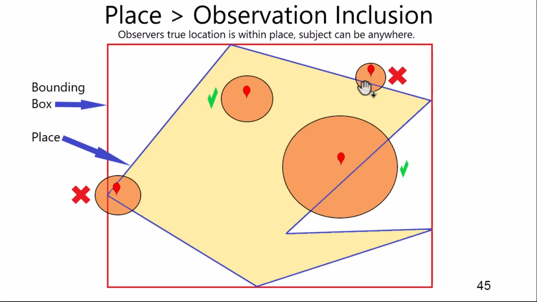And the main thing to take into account is that this is your location. This has nothing to do with the location of the subjects, the bird, the bee, the bug. It could be inside the place, it could be outside the place, it could be down the street, 5 miles up the road. It doesn't matter.